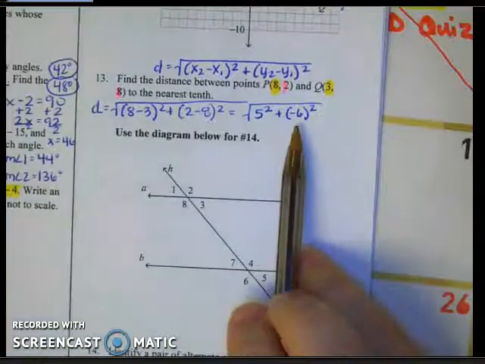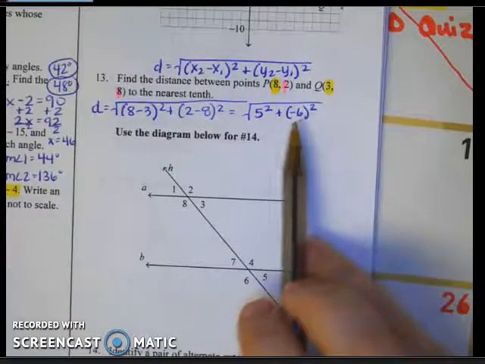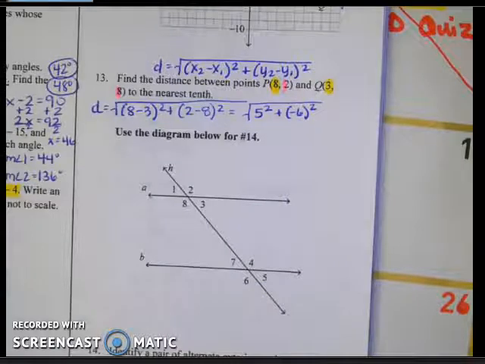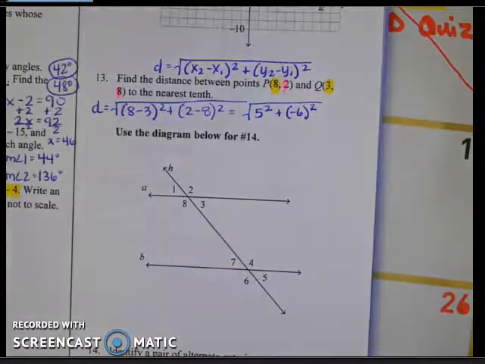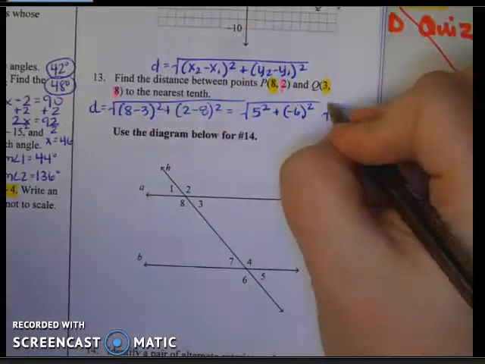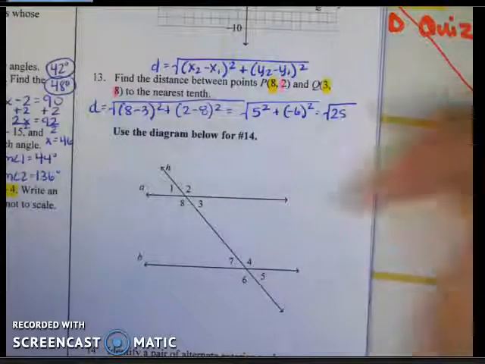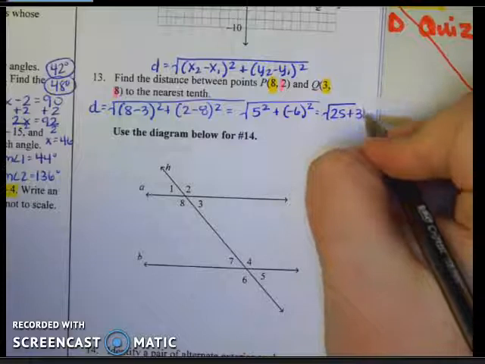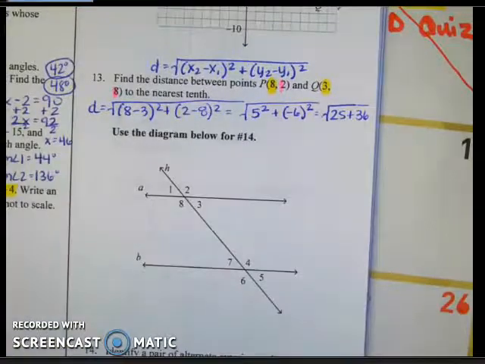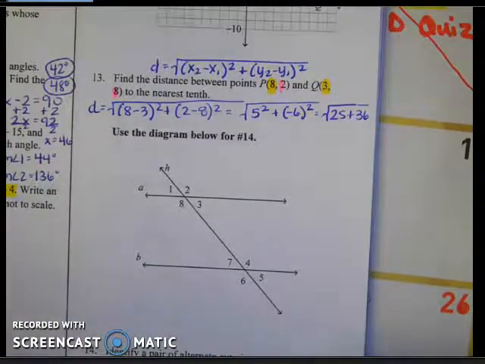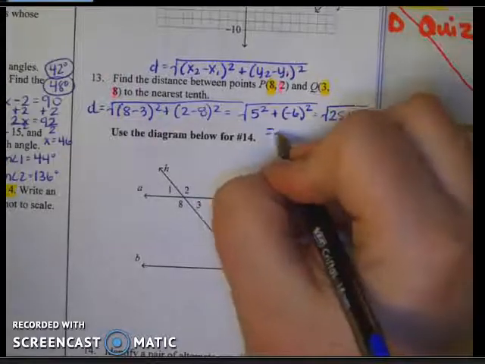Again, be careful when we are using a calculator to enter negative 6 squared because we need the parentheses, or just remember that anything squared is going to be positive. So 5 squared is 25, and negative 6 squared is 36. 25 plus 36 is 61.